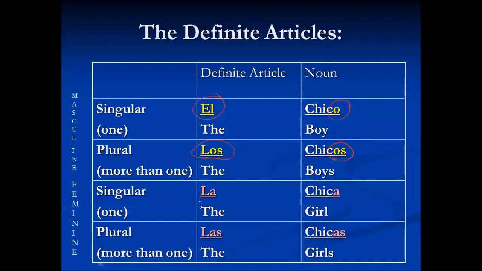And for feminine, we have la, or the. To indicate that it's a feminine noun, it's going to end in an a. And to make it plural, we're going to say las chicas. To indicate that we've got more than just one girl, you're going to end in as.